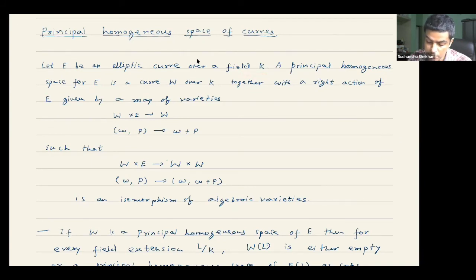Then a principal homogeneous space for E is a curve W over K together with a right action of E given by a map from W cross E to W, such that, similar to the way we defined it for sets, this morphism of algebraic varieties should be an isomorphism.